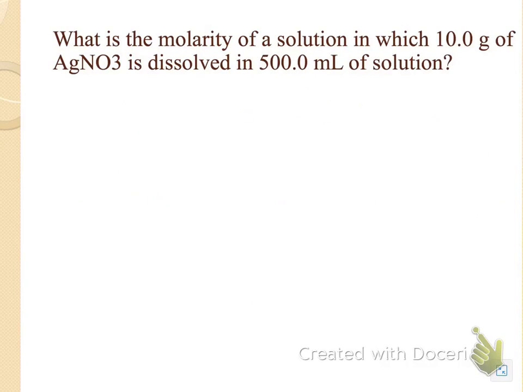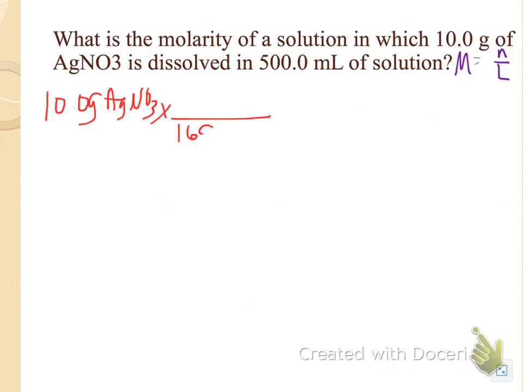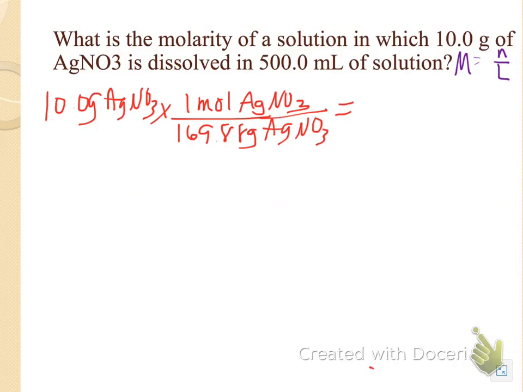All right, what is the molarity of a solution in which 10 grams of silver nitrate is dissolved in 500 milliliters? So why don't you go ahead and try to solve this, and then after you answer, see if you got it right. Okay, so again, molarity is moles over liters. I can take that 10 grams of silver nitrate and figure out how many moles that is. And when I do that, I get that I have 0.05887 moles of silver nitrate.